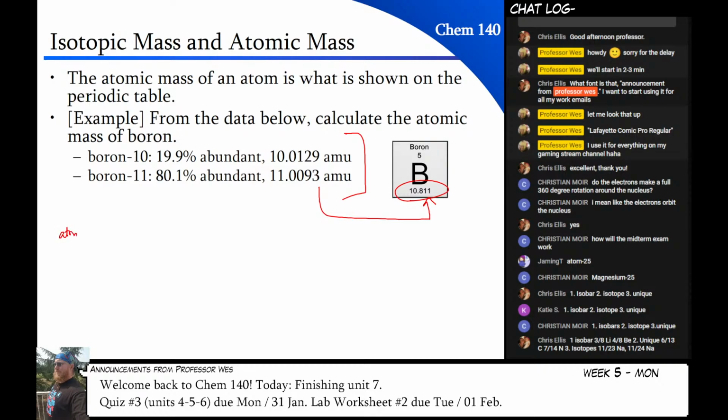So the atomic mass equals the percent of isotope 1 times the mass of isotope 1 plus the percent of isotope 2 times the mass of isotope 2 plus dot dot dot. So I want you to do that for boron, and when you're done, type your answer in the chat to the correct number of sig figs, and then we'll go over the answer together in just a bit.